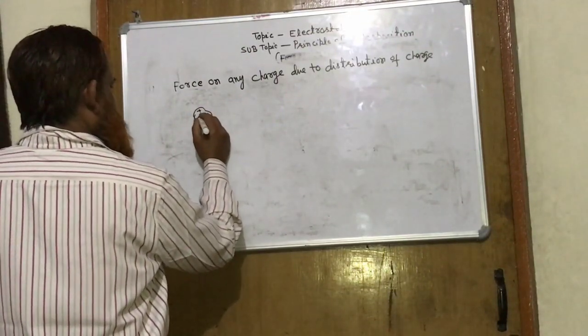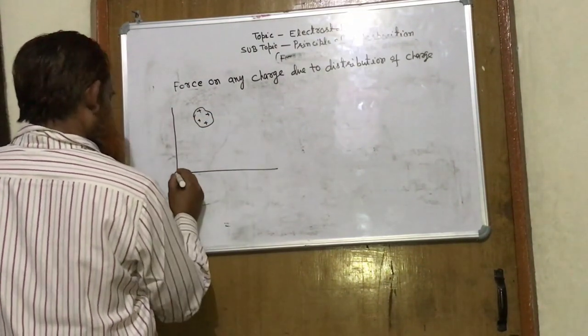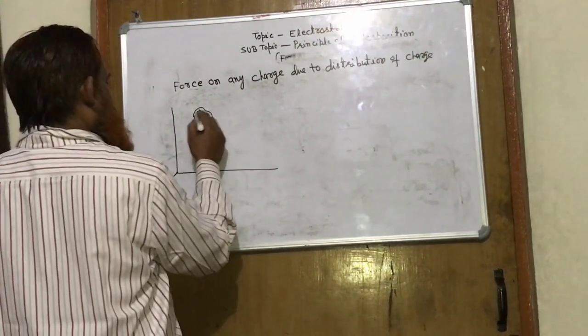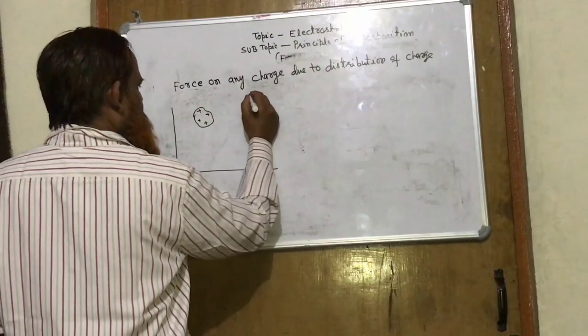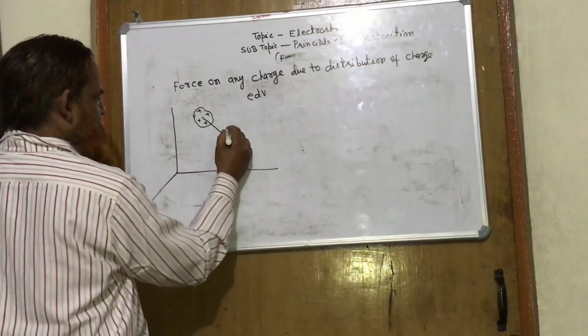In dV volume the charge will be rho dV, if the volumetric charge density is rho, and there is another charge q naught.